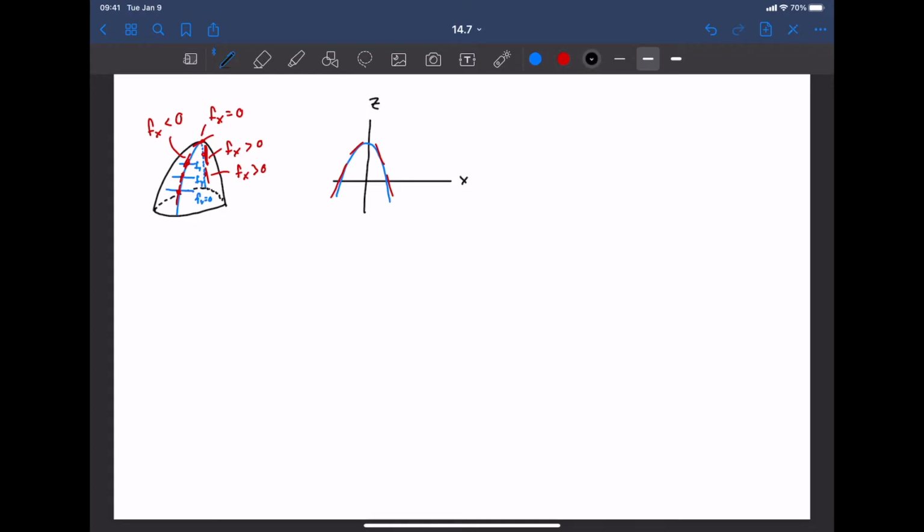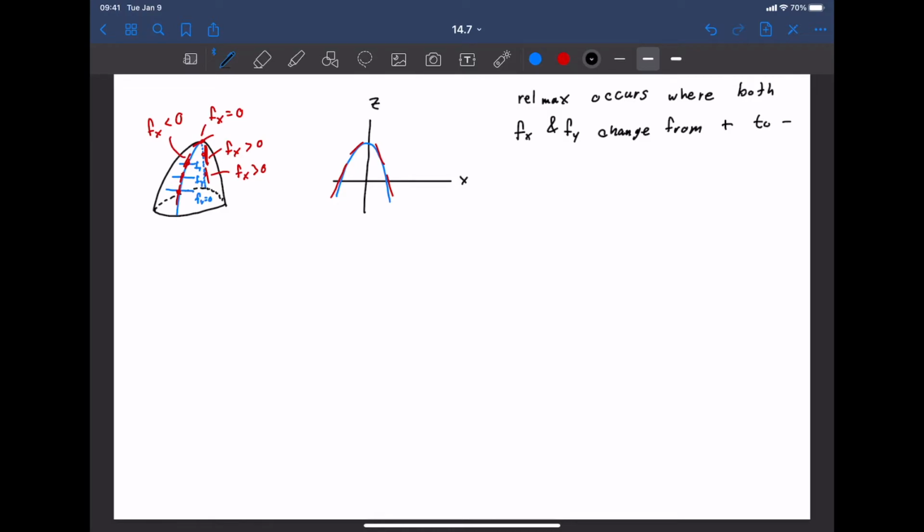So we're going to need a relative max occurs where both f sub x and f sub y change from positive to negative.